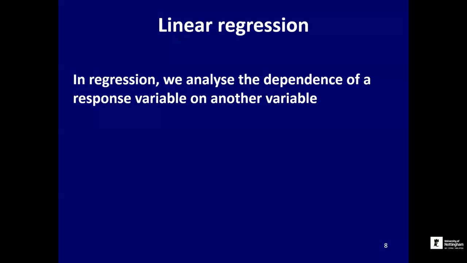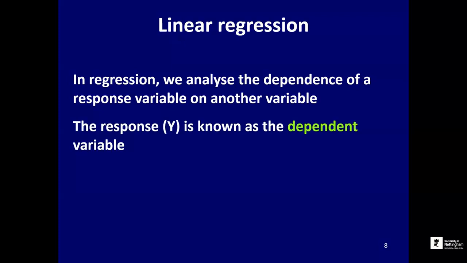And the way that regression works is it looks for the dependence of the y variable on the x variable, the independent variable. So I've used those words a few times already in this lecture, so just to remind you about this, you've probably encountered these terms before, but the variable on the y-axis in a causal relationship is known as the dependent variable.